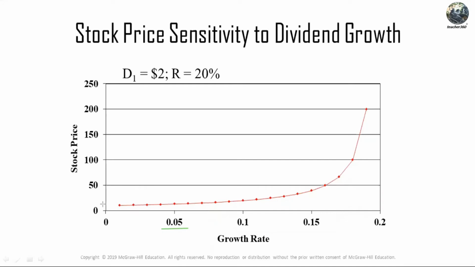When your growth rate is 10%, your stock price is about $20. When your growth rate is 15%, your stock price is about $40. So when the growth rate increases, the stock price also increases. There is a positive relationship between growth rate and stock price.